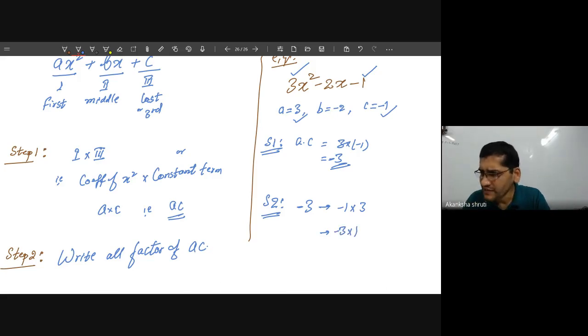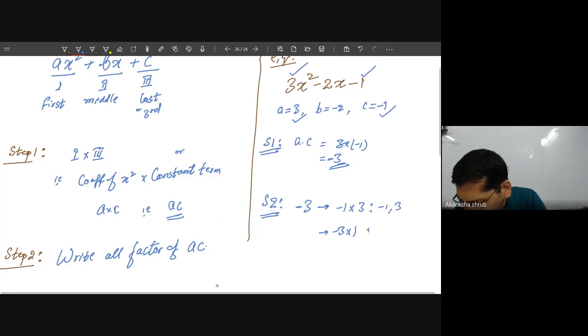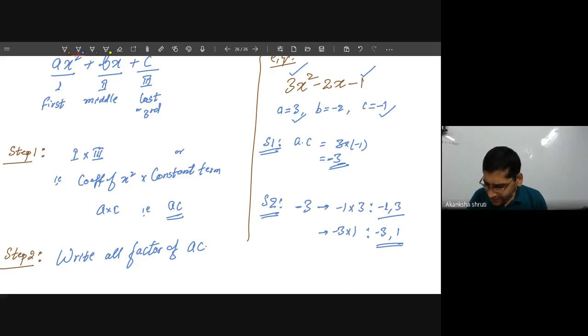Both are possible. It means the factors are minus 1, 3, and in this case the factors are minus 3 and 1. Students, signs are different in these two cases, so these two are different factors. So that we have to do.